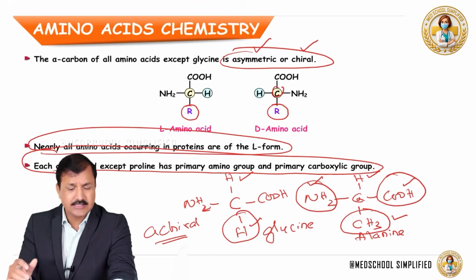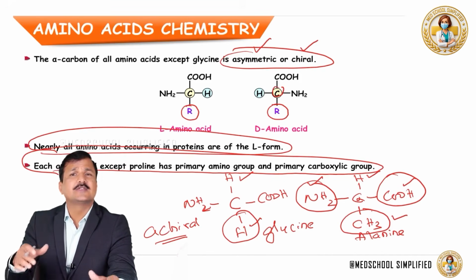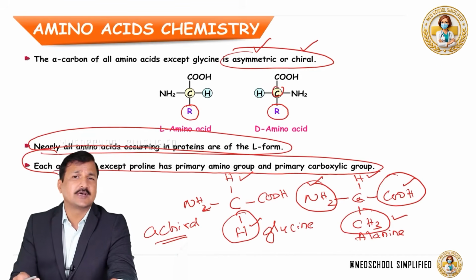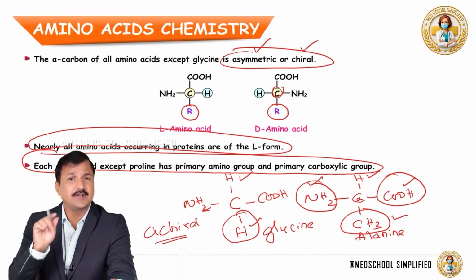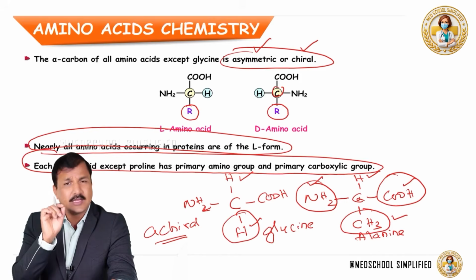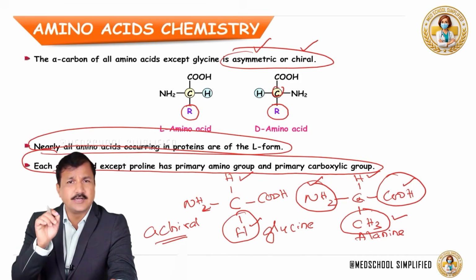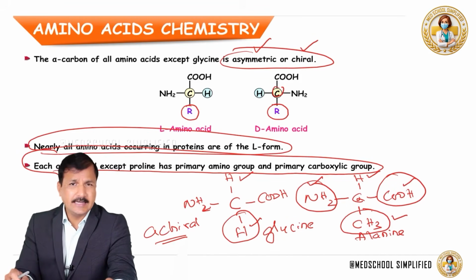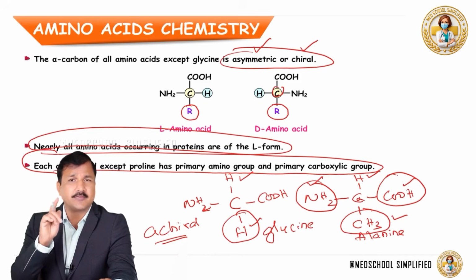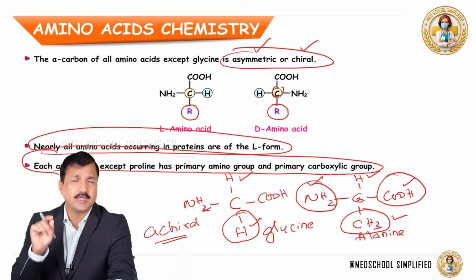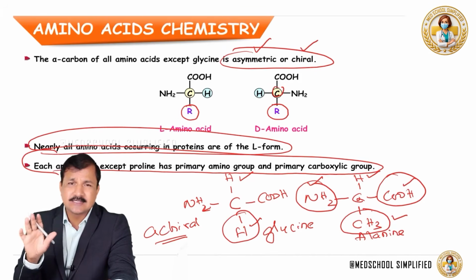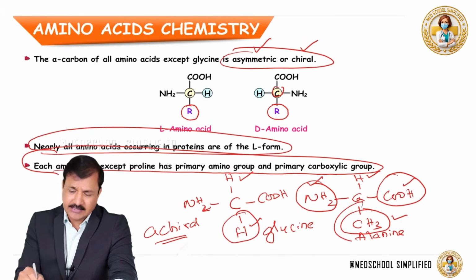When the amino acid is in individual form, they should not be interacting with the side chain. Okay, if it interacts with the side chain, we cannot call that a primary amino group or primary carboxyl group. So that means out of 20 amino acids, 19 amino acids, whenever they are in individual form, their primary carboxyl group and primary amino group do not interact with the side chain.